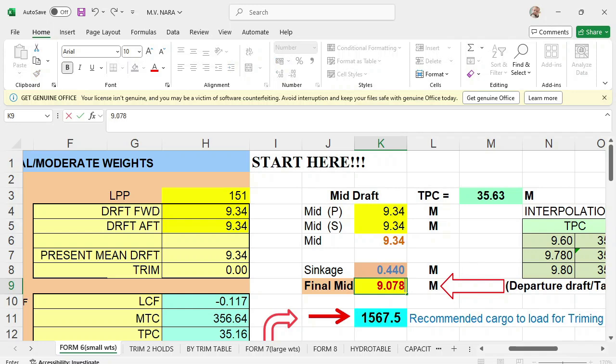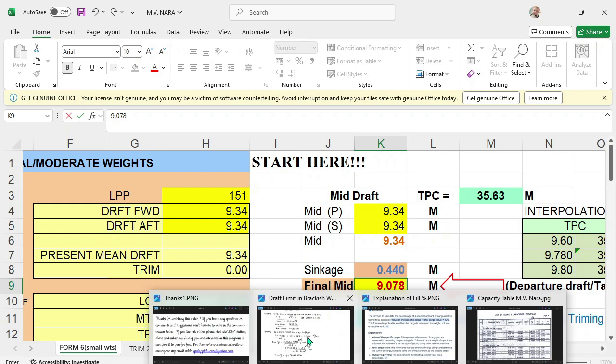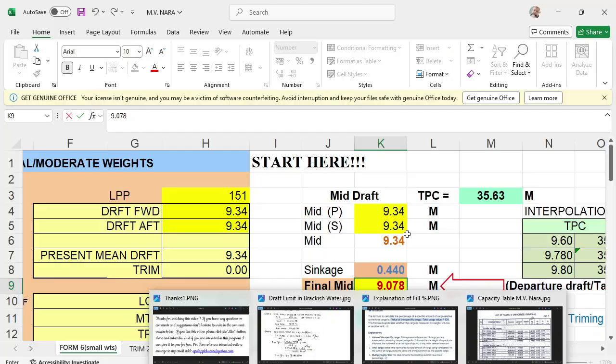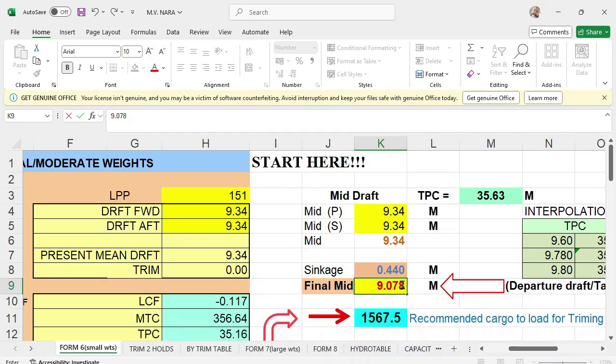Is that correct? 9.076. Okay. Let's make it 9.08. Okay. So this is your departure draft.